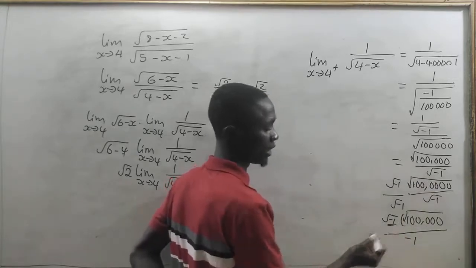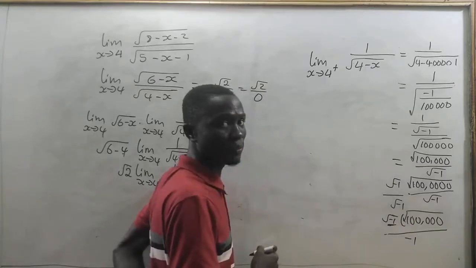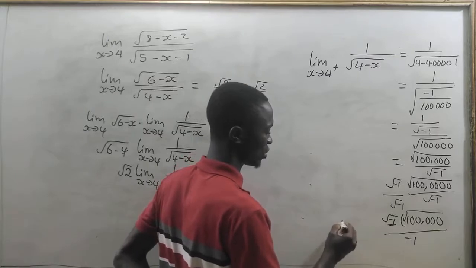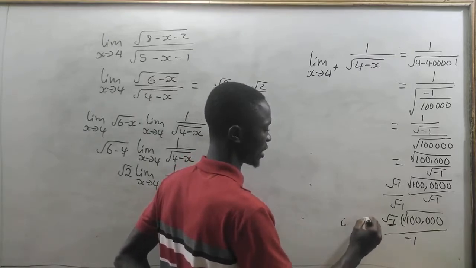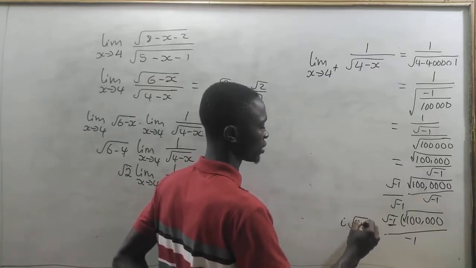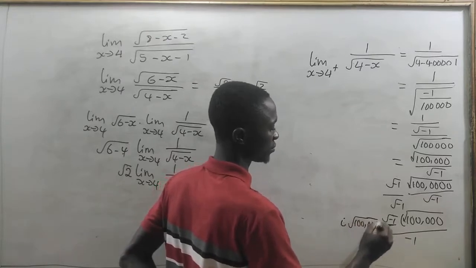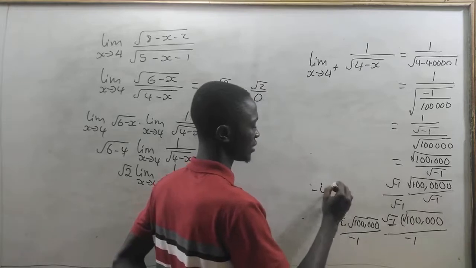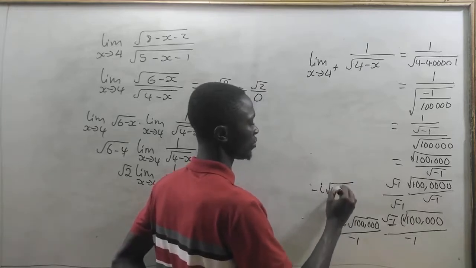And what is the square root of -1? Watch my video on complex numbers from the description. The square root of -1 is i. So we're going to have i times the square root of 100,000 all divided by -1. And that will give us -i times the square root of 100,000.